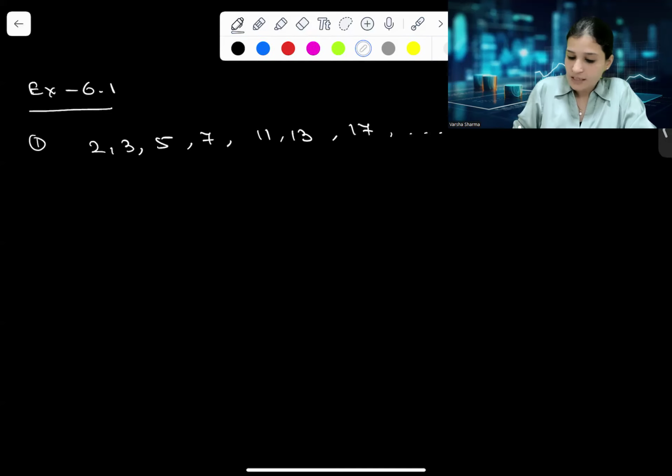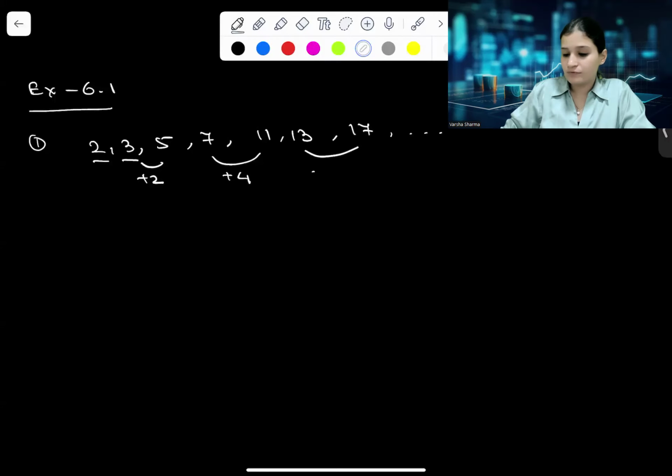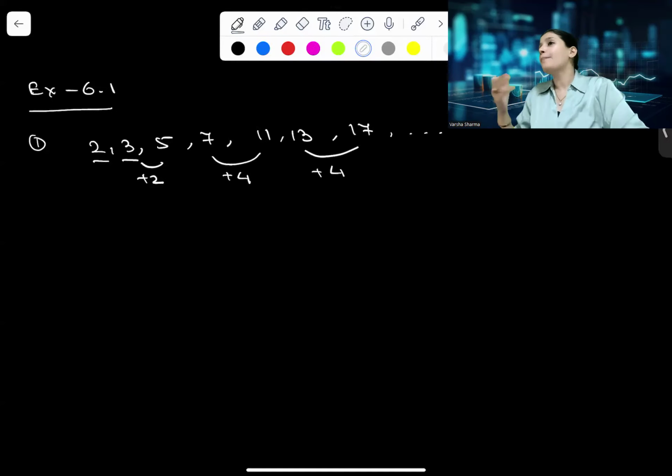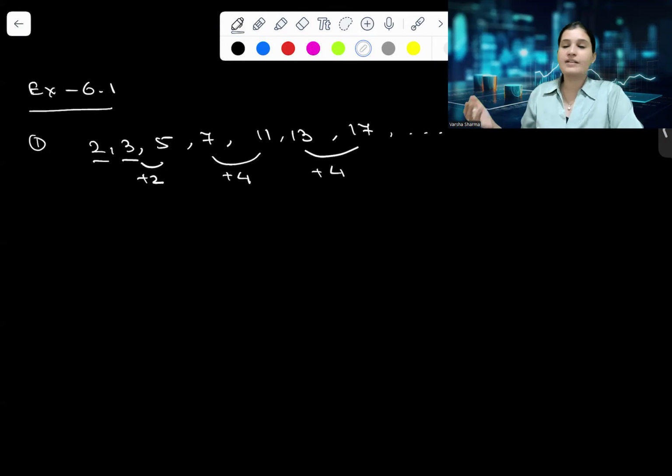What happens here? 2 and 3 are consecutive. Here I've added 2, then in this case I've added 4, here I have added 4. So it is a pattern. Again, I can say that after 17, this is going to come. So it is a sequence, but I can't write this with the help of a formula. So it's not a progression.